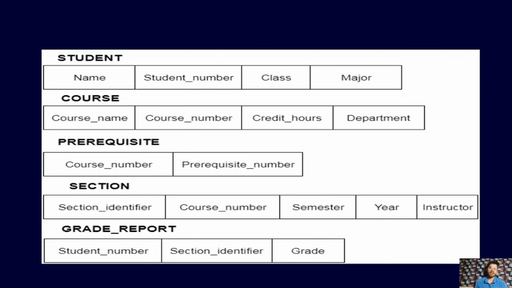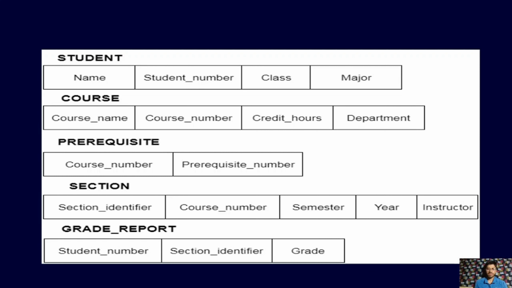So here I have taken an example of a student database where we have student. It has fields like name, student number, class, major. Here the primary key is student number. Then we have course, which has fields like course name, course number, credit hours, department, where there can be two identifiers, like course number and department.